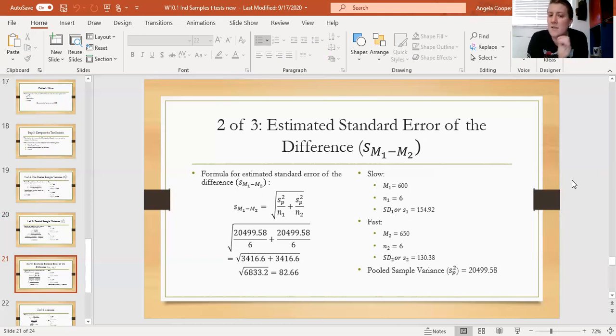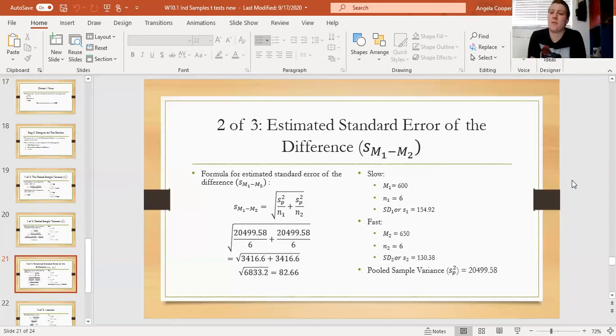So luckily for the estimated standard error of the difference, we only have one formula to use, unlike the pooled sample variance where we had to see if we had equal or unequal sample sizes. Not that that's a difficult task, but you do have to use the different formula if they were unequal. But for estimated standard error of the difference, the formula is the same.